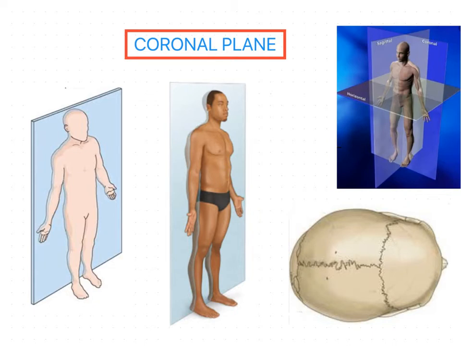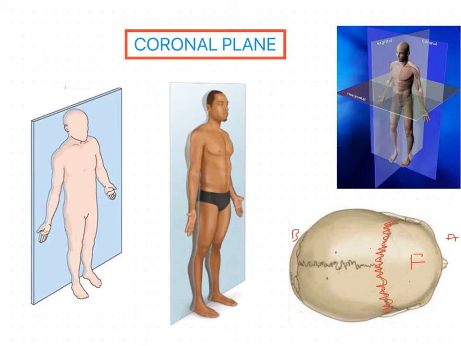In the skull you have this suture, called the coronal suture. This one is the anterior, the front of the body, and this one is the back. This bone is called the frontal bone. The suture joins the frontal bone and the two parietal bones here.